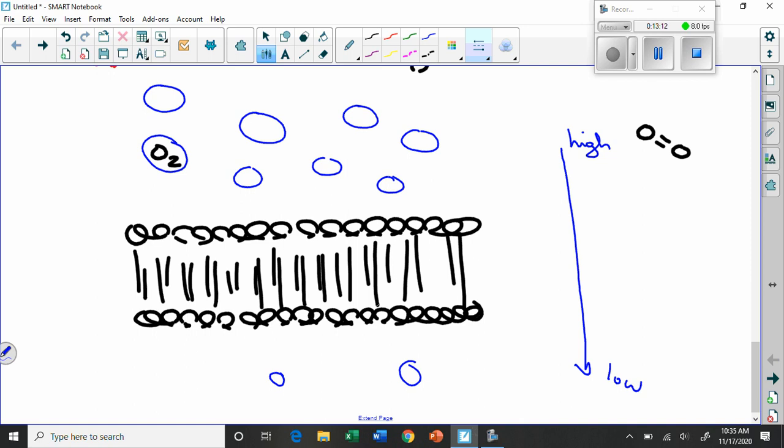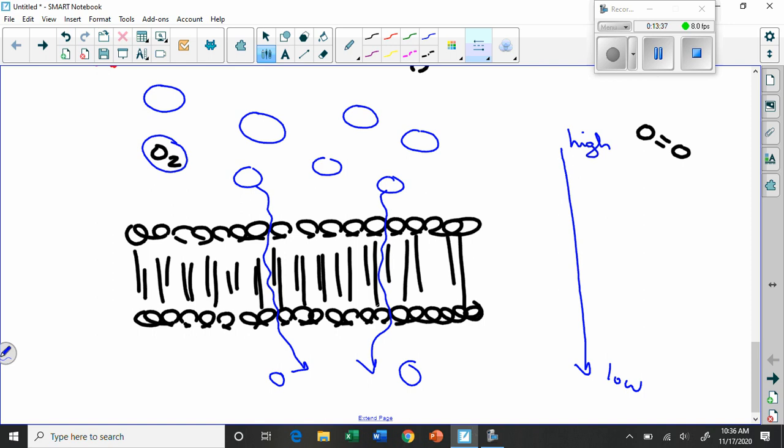And that means that oxygen will want to diffuse. It will want to roll down the gradient. And what that means is it'll squeeze its way right through the molecules of the membrane, and it will begin to move in this direction. This is diffusion. And it happens because oxygen is small enough to squeeze through the membrane all on its own.